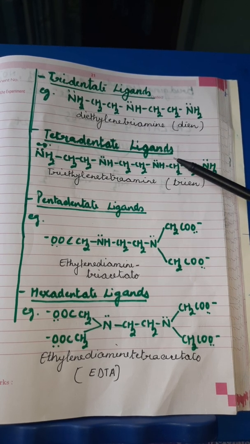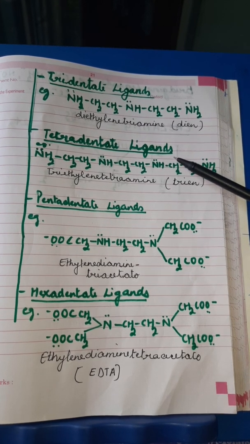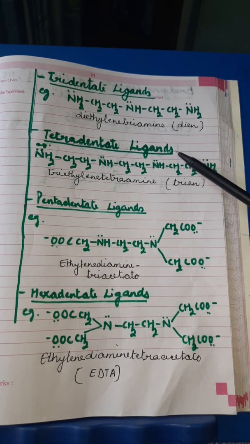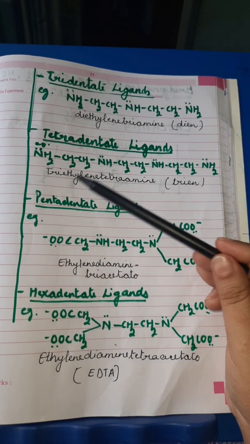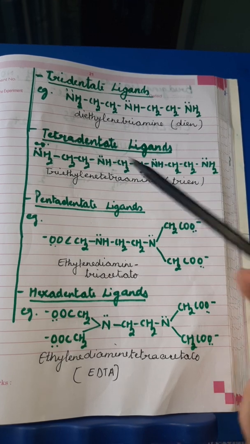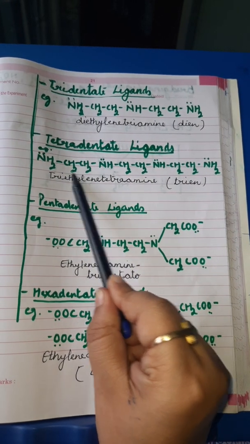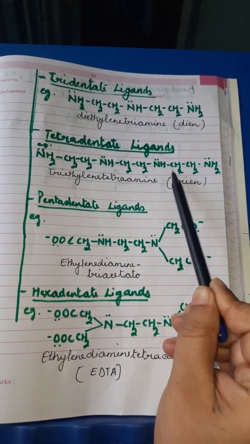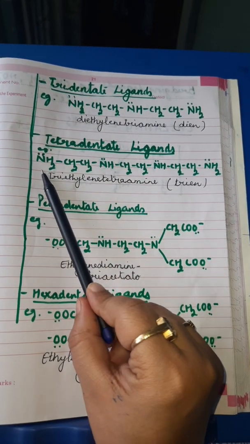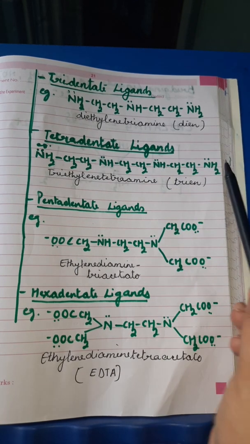Now we have the next, tetradentate ligand. Definitely you must have understood, it will have 4 donor atoms in one ligand. The best example of this is triethylene tetramine. Triethylene, 1, 2 and 3. Triethylene tetramine has 4 amino groups, 1, 2, 3, 4.